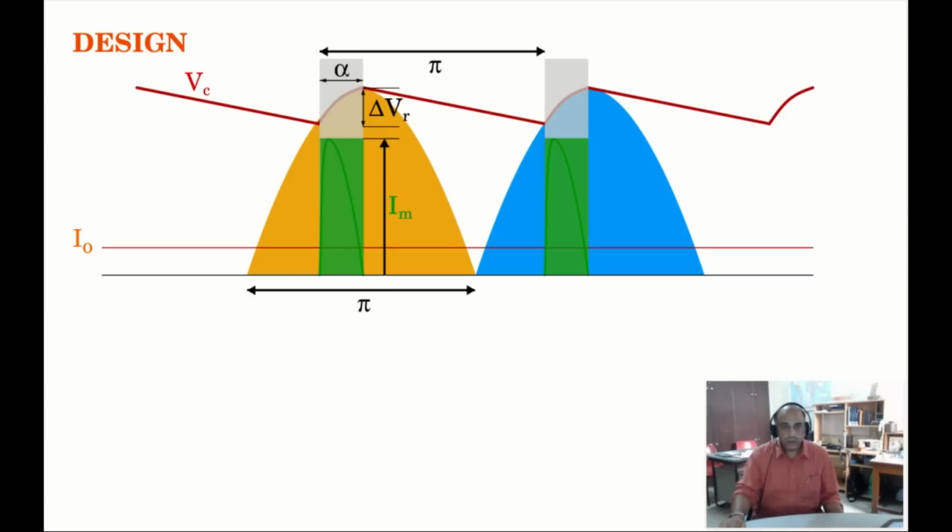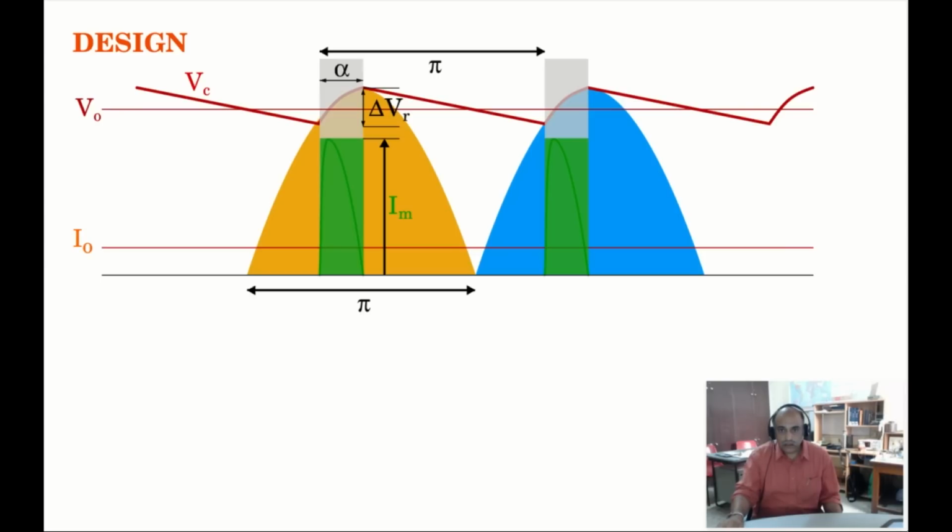So now we shall define one more variable called V naught. V naught is the average value of the output voltage Vc, which you see at the capacitance node. So if this is the peak value and this is the minimum value of the ripple, this plus this divided by 2, the average value will be V naught.